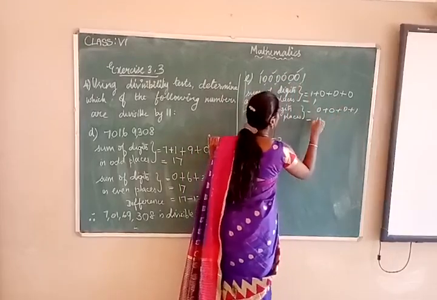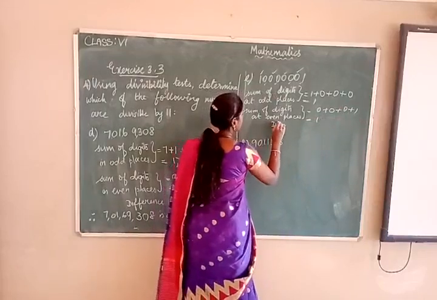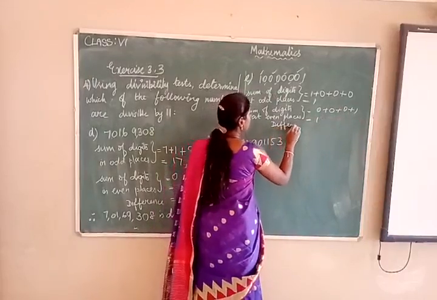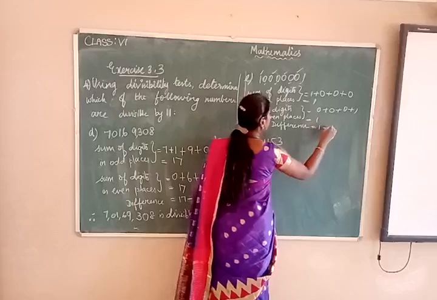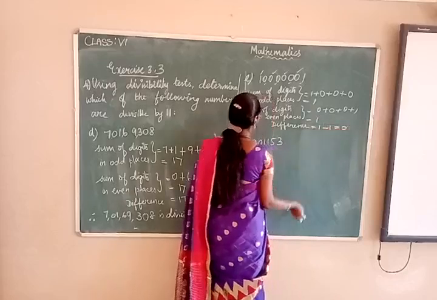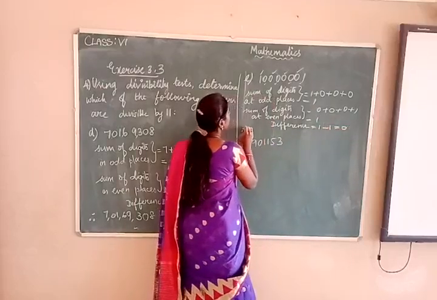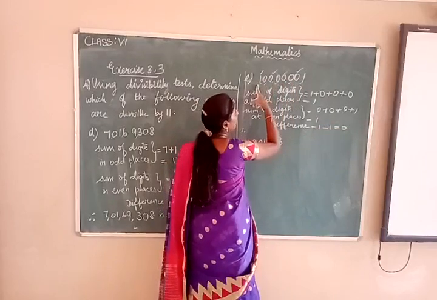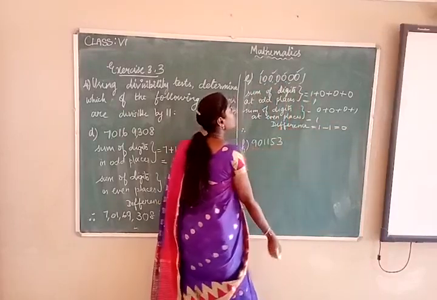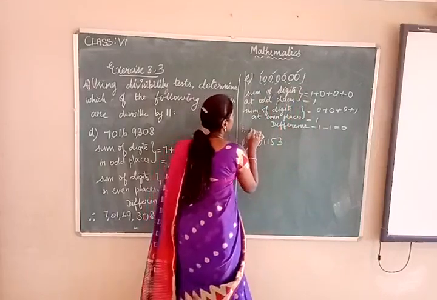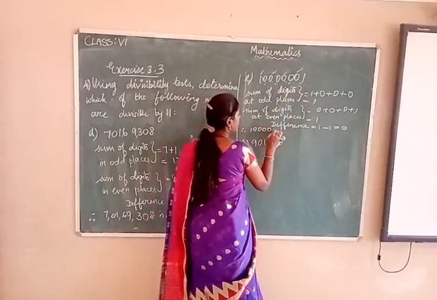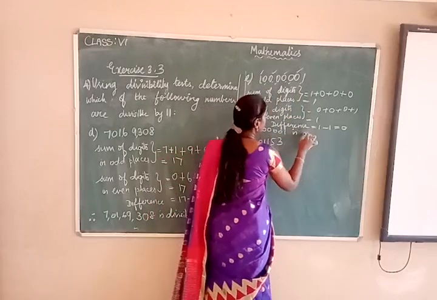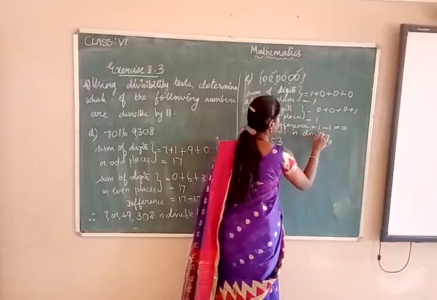So difference is how much? 1 minus 1 equal to 0. Therefore, what is this number? 1 crore 1. So 1 crore 1 is divisible by 11. Is it clear for all of you?